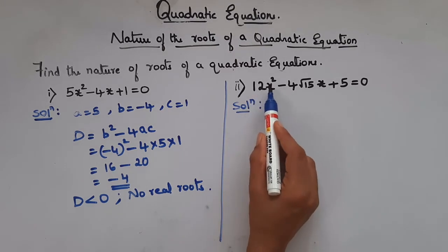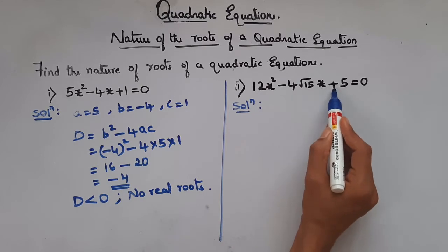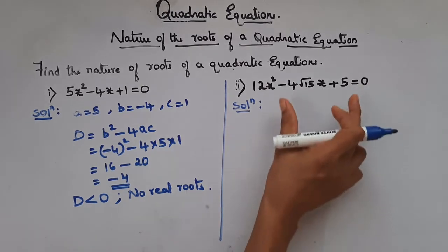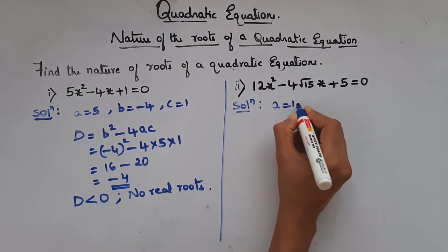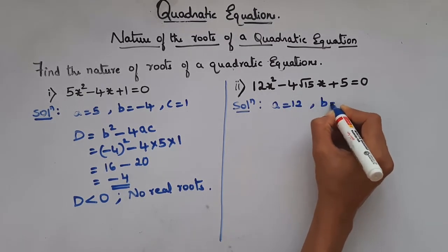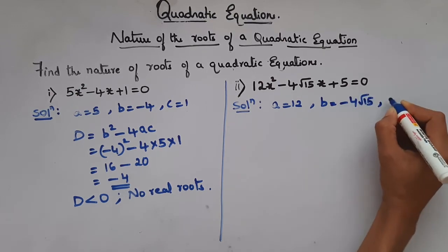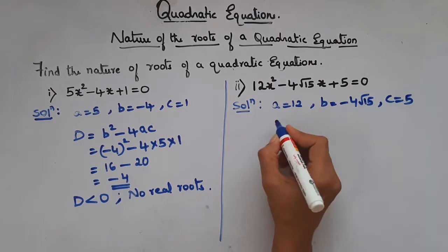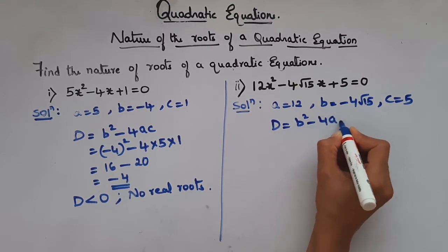We have 12x square minus 4 root 15 into x plus 5 equal to 0. Here this equation is also in the standard form, right? So here a is 12, b is minus 4 root 15 and your c is plus 5. So the discriminant is given by b square minus 4ac.